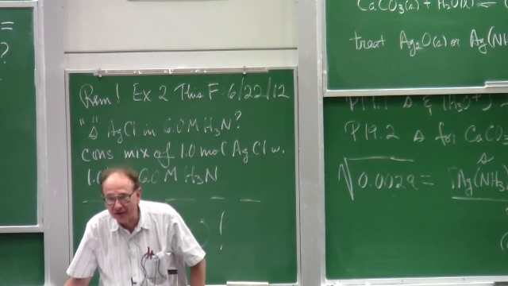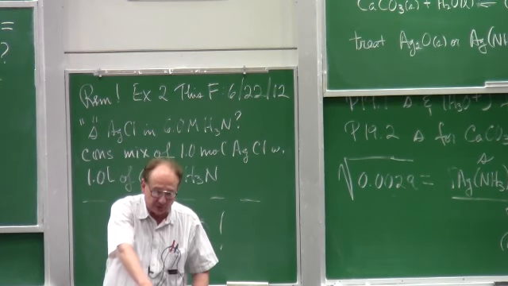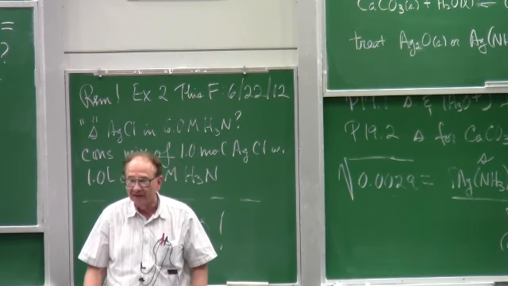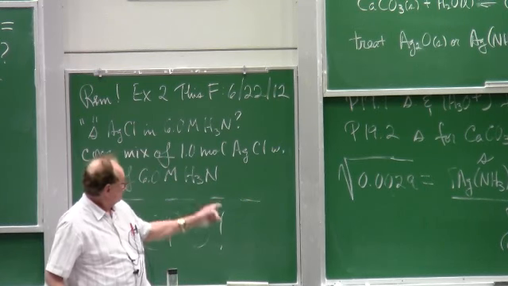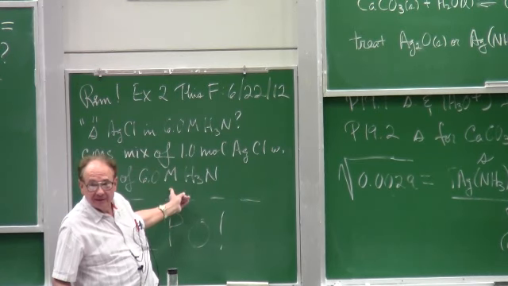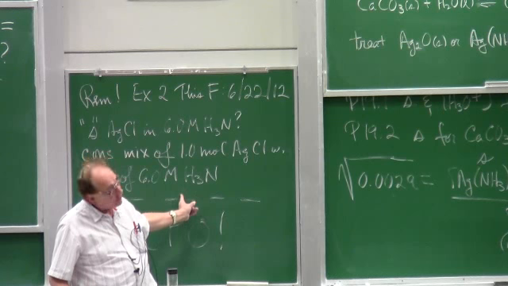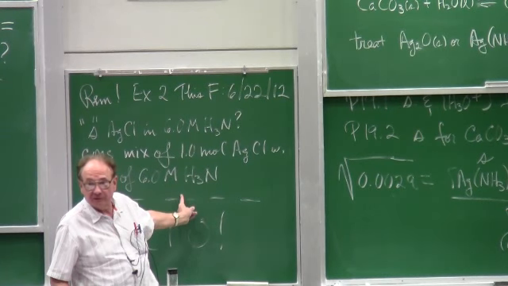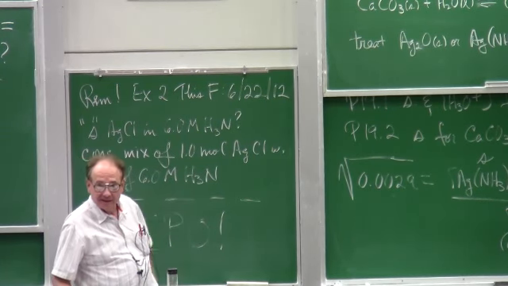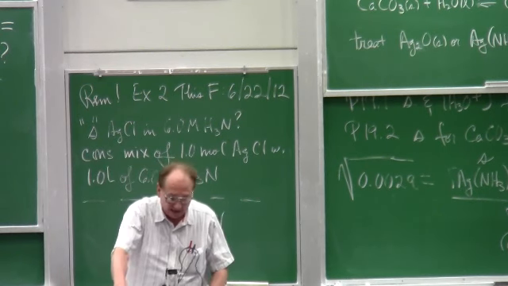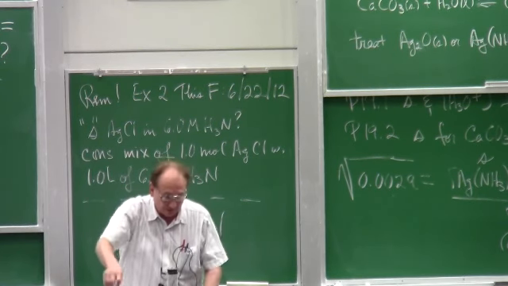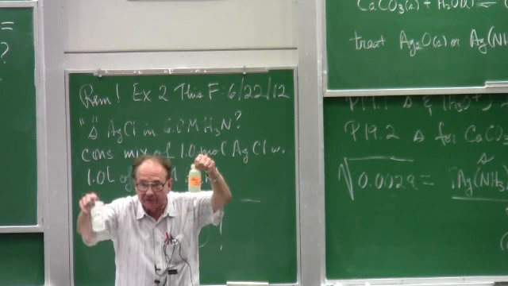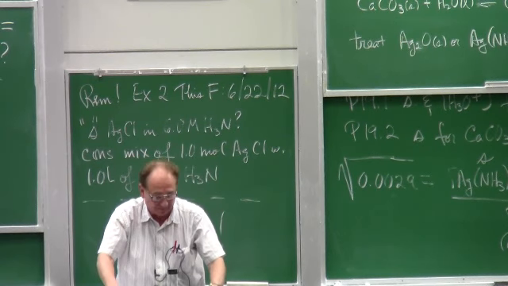We have a significant abundance of ammonia relative to chloride ion in this system, far greater than 6 to 1. Because this is telling us 6 to 1 and you're not going to dissolve all the silver chloride. That's not surprising because again, this ammonia molarity is 6 times greater than the chloride ion molarity for the solutions we use to prepare the system.